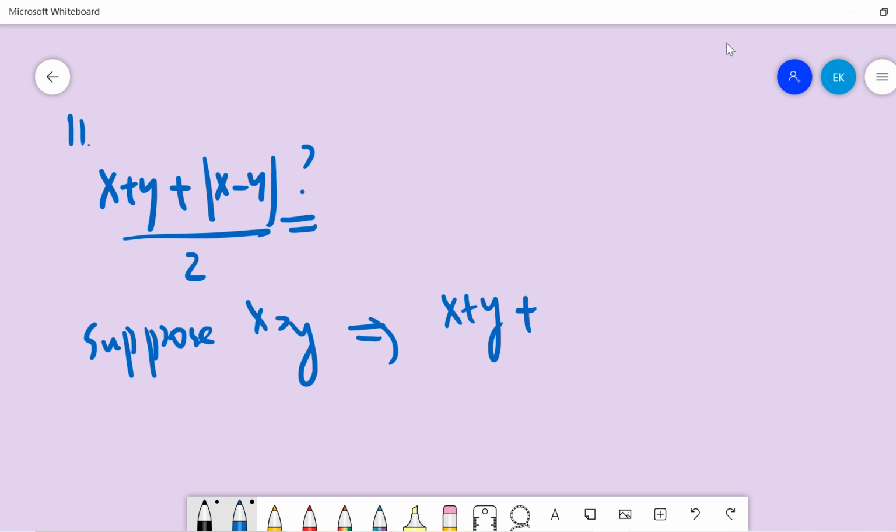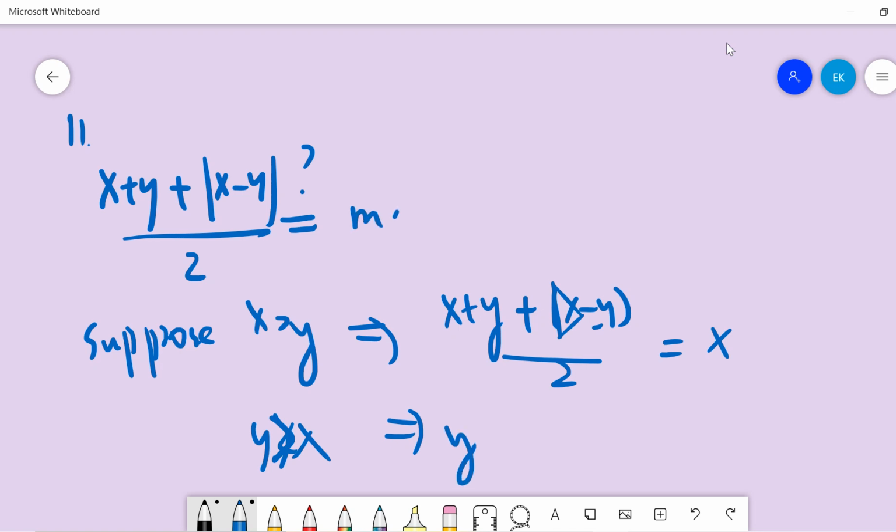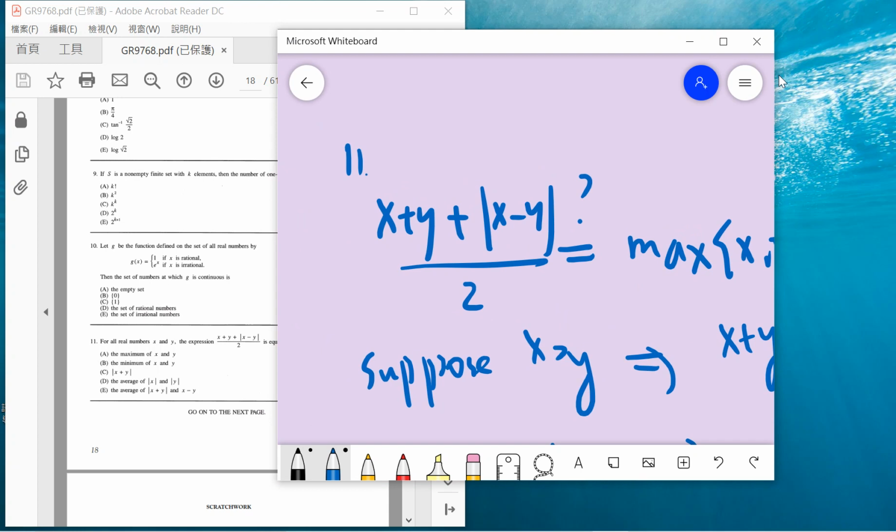And if y is larger than x, then the answer should be y. So basically this is just max of x, y. So the answer is A.